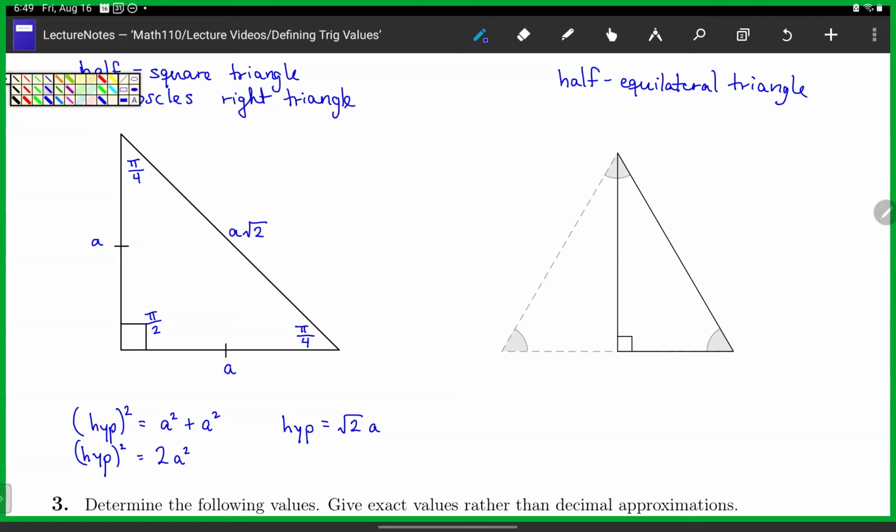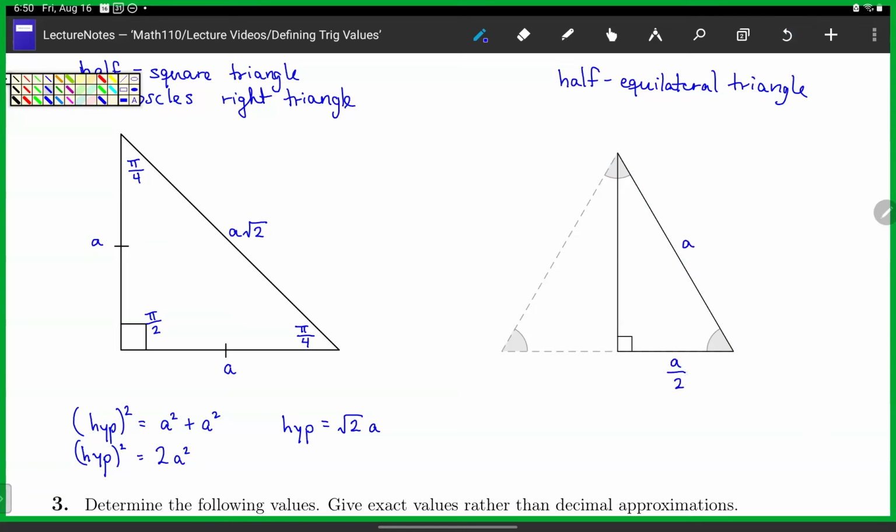The half equilateral triangle. Equilateral means that all three sides are the same length. So this is the equilateral triangle, same length sides all the way around. But we're looking at only half of that triangle. So if this is length a, then this is going to be half that length.